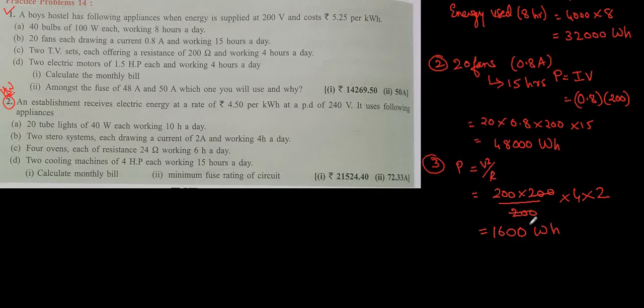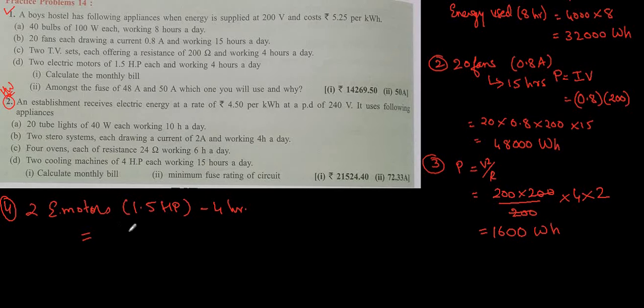Next one, it says 2 electric motors of 1.5 HP. So I am writing here, fourth one. So here 2 electric motors of 1.5 HP. It is also working for how many hours? 4 hours a day.